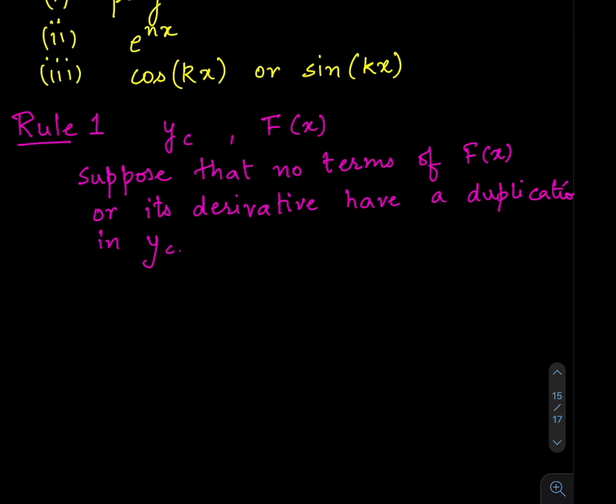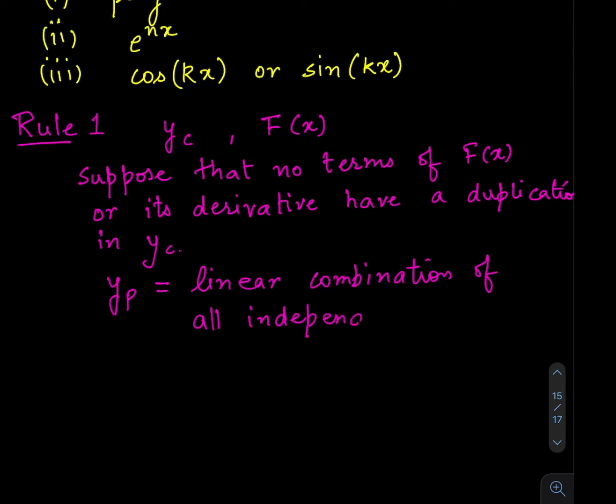By that I mean that no term in f(x) or its derivative satisfies the associated homogeneous equation. In that case, our guess for yp is going to be a linear combination of all independent such terms.